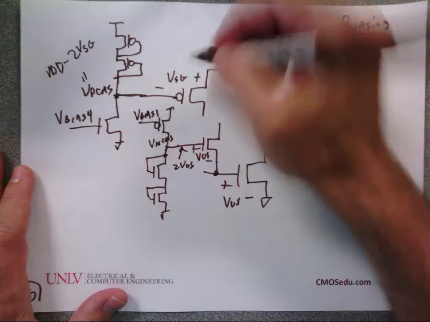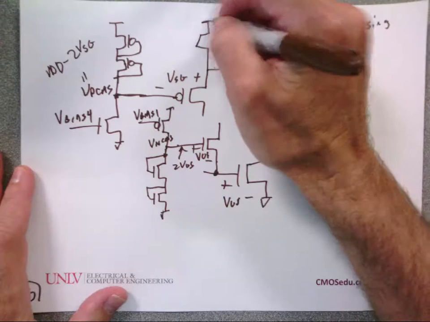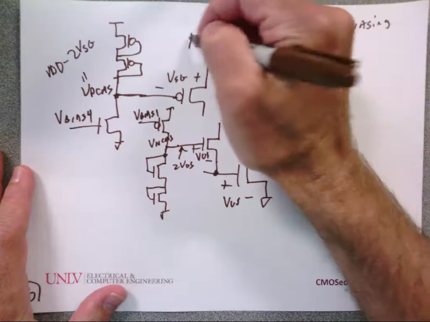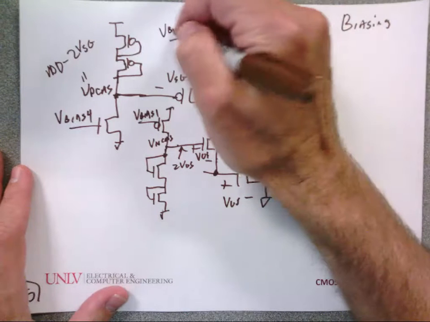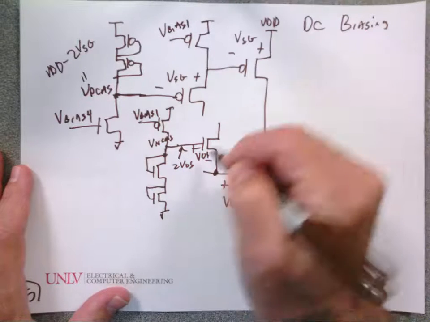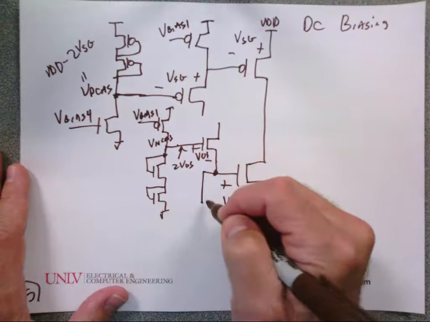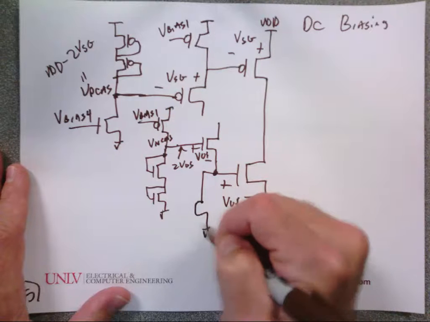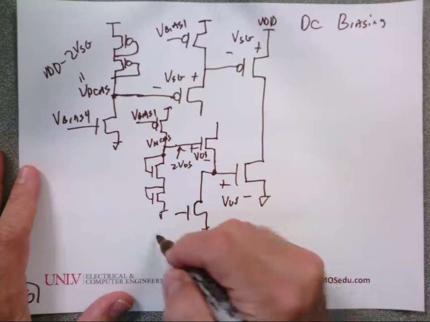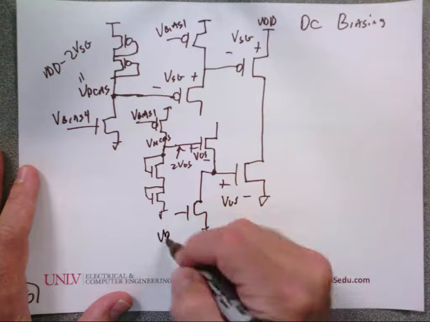The answer is the following. I'm going to put a PMOS here. I'm going to put an NMOS here. What do I label this?